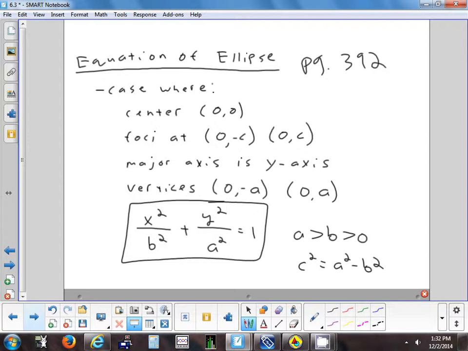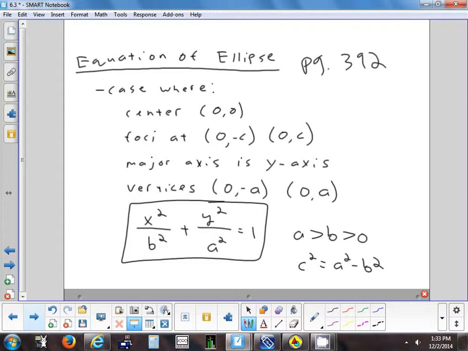Just as before, we can use the formula c squared equals a squared minus b squared. A is always bigger than b, always. And they're both always positive. This formula almost looks the same. Anybody see the difference? A and B are switched. I just told you before, put the bigger number under y, now your major axis goes along the y.